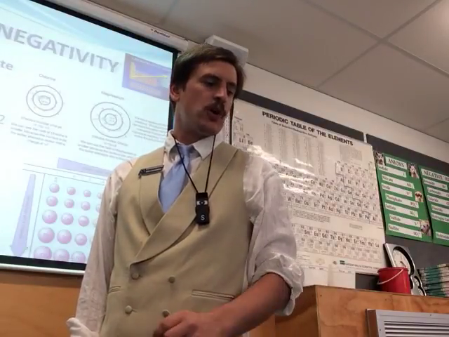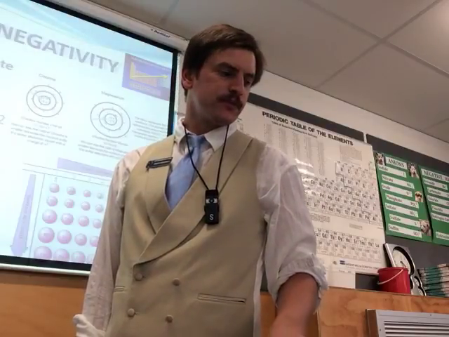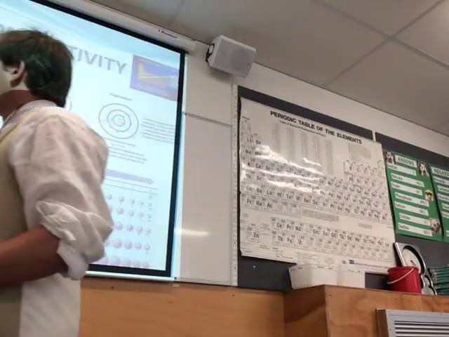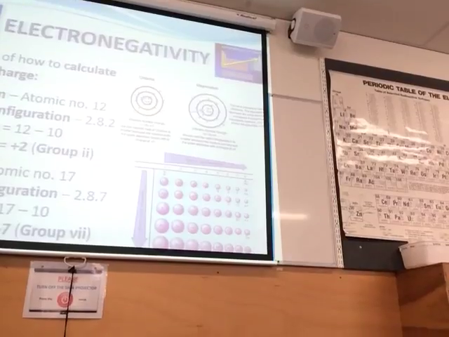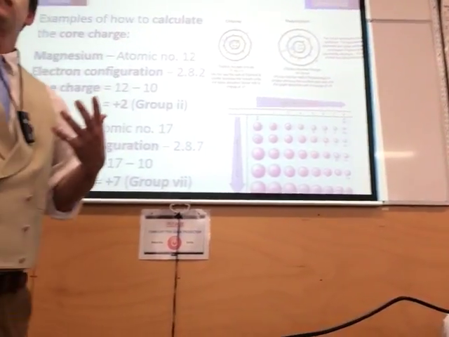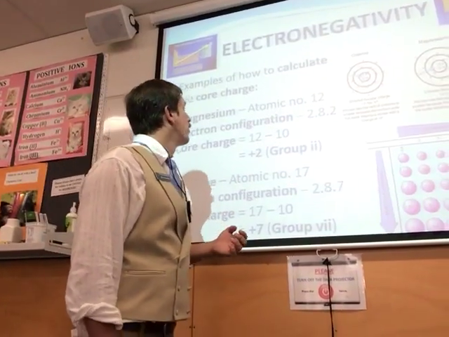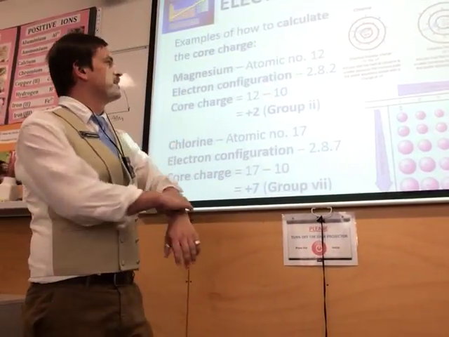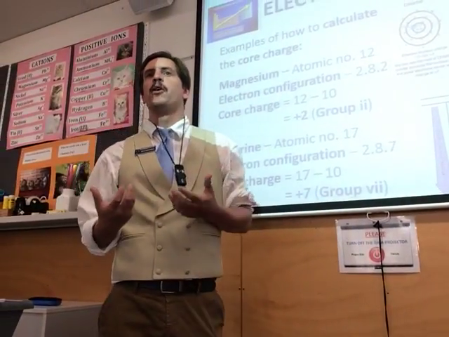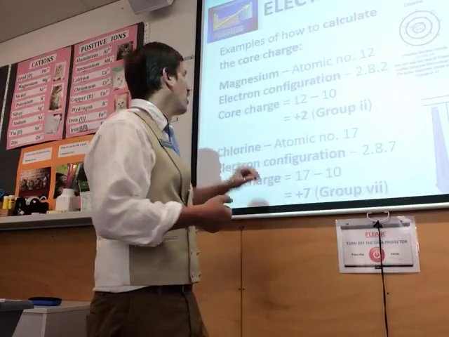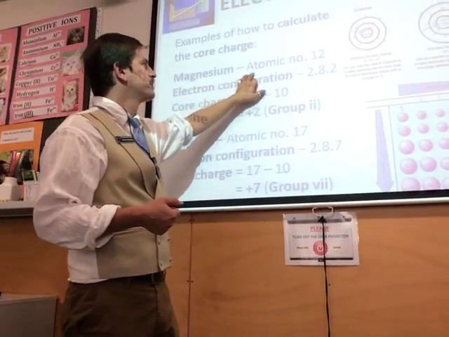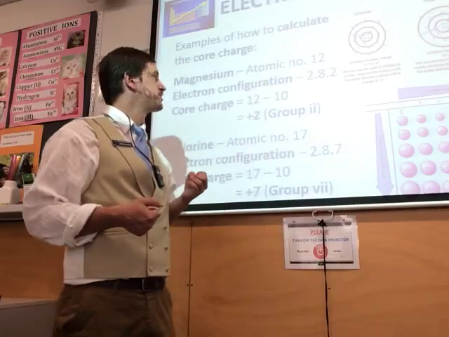So, core charge. In order to calculate how much charge that nucleus has, how much power it has, we work out the atomic number, because that's how many protons it's got. So if we look at magnesium, its atomic number is 12, it's got 12 protons.